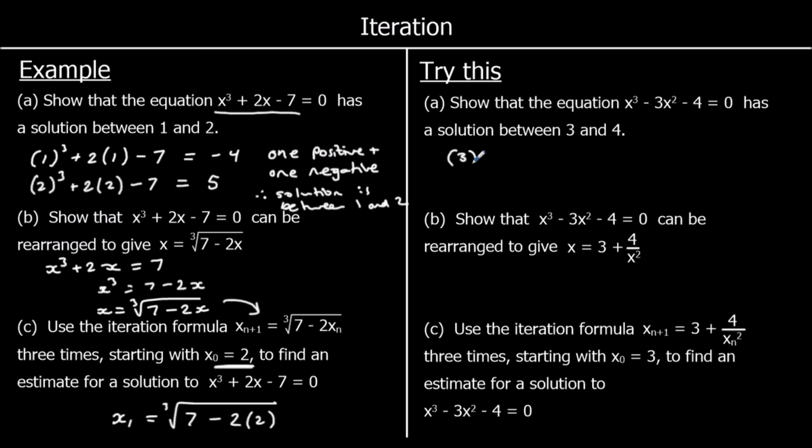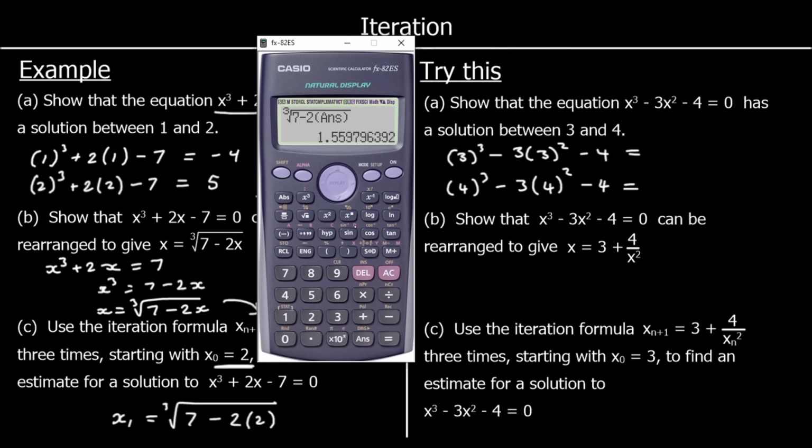So we'll do 3 cubed minus 3 times 3 squared minus 4. And we'll do 4 cubed minus 3 times 4 squared minus 4. So I'm going to use the calculator. 3 cubed minus 3 times 3 squared minus 4.